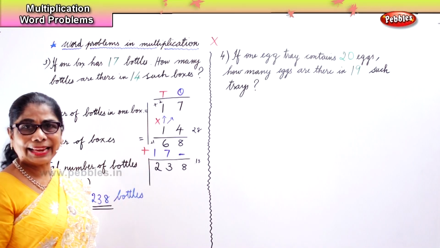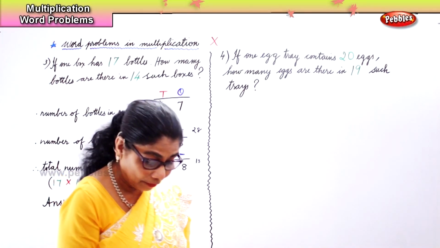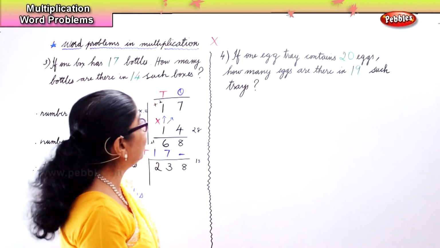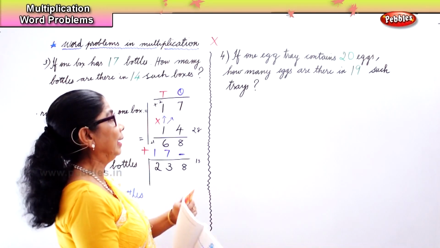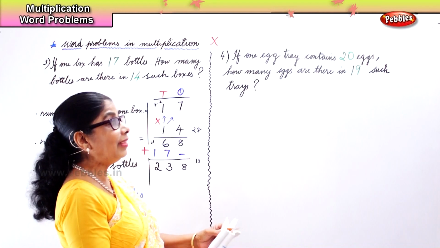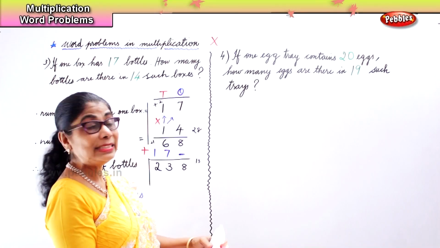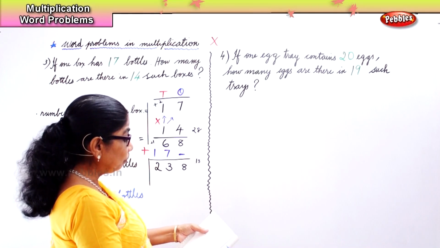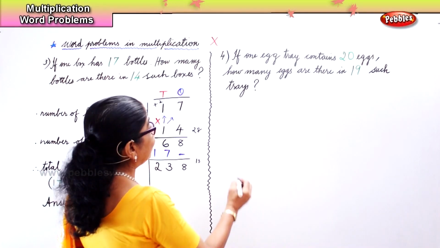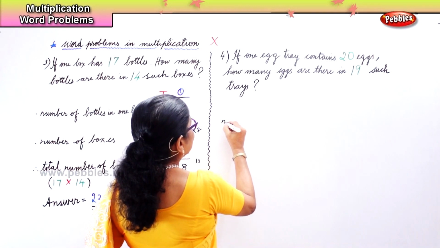Now let's look at the second problem. The second problem is, if one egg tray contains 20 eggs, how many eggs are there in 19 such trays? So what will be the first statement? Number of eggs in one tray.